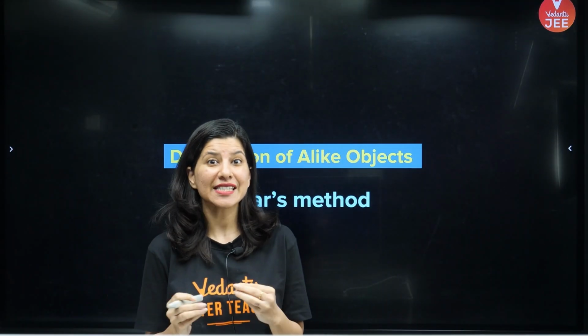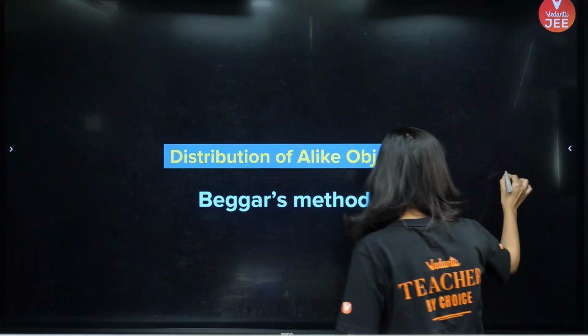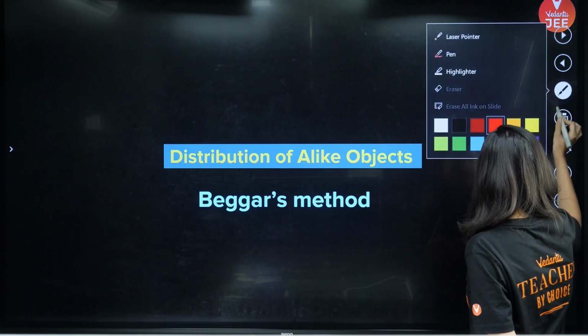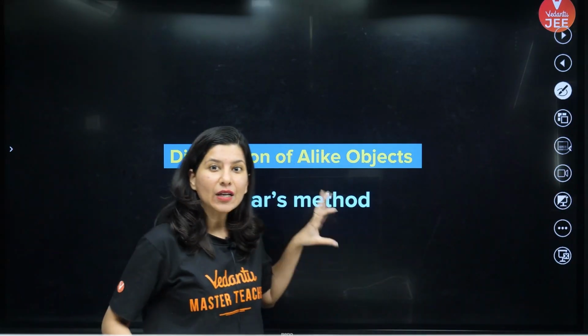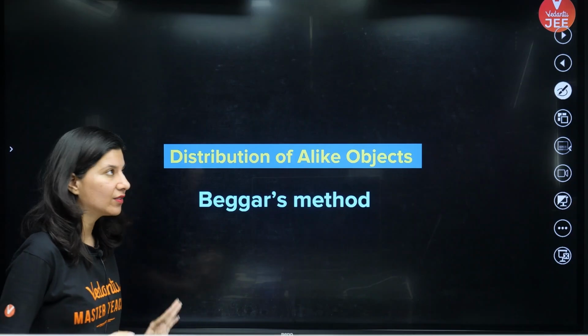So now we have to understand the Beggar's method, okay? First of all, the statement of Beggar's method, let us understand that first, and then talk about what exactly Beggar's method is.